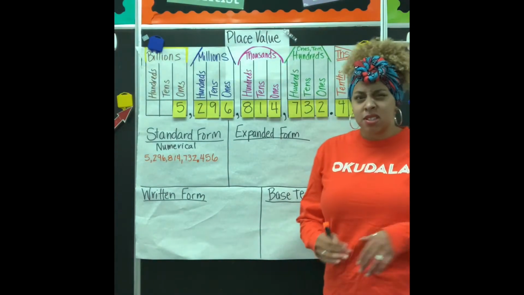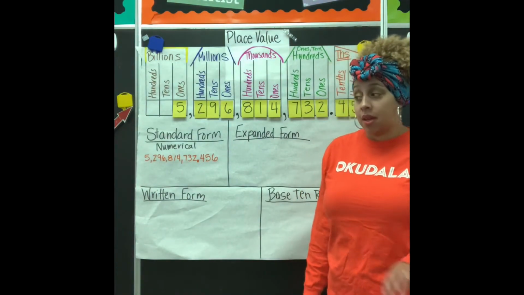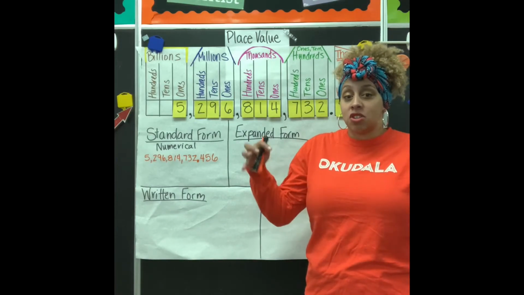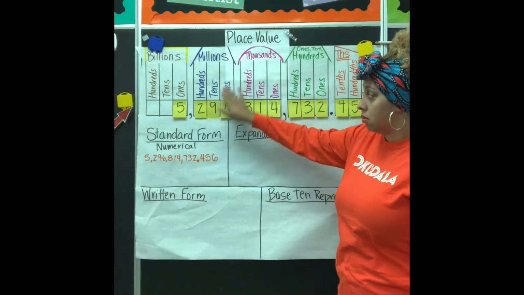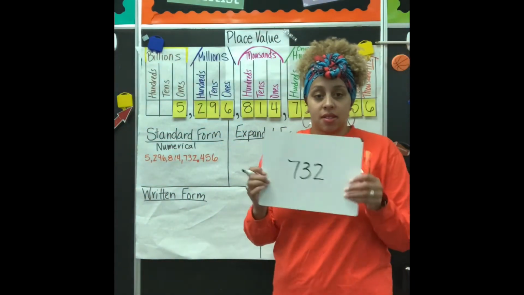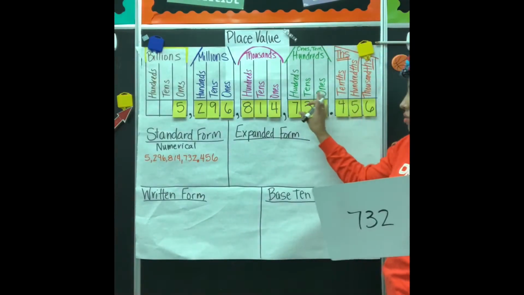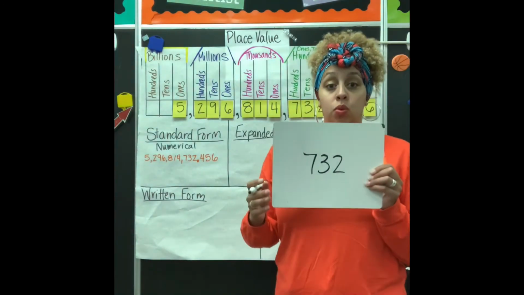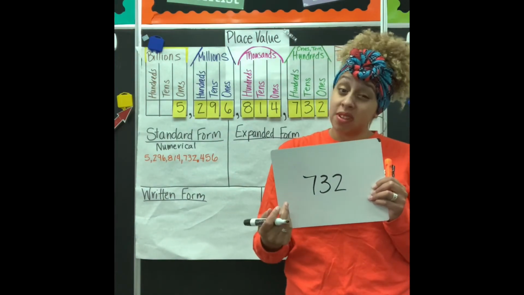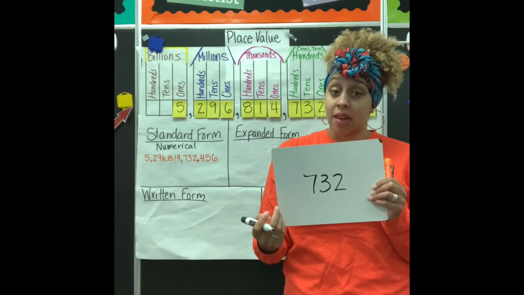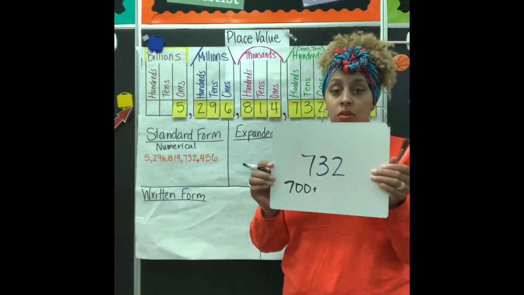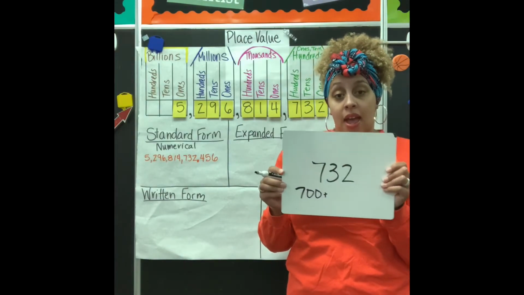Over here, expanded form. You guys have been practicing expanded form for a really, really long time. That means that you take the number and you are separating each individual place value. So if you just had 732, just this hundreds part of it, when you expand it, you take out the 7. Well, how much is the 7 worth? Is it worth 7? No, it's worth 700. So you would write 700 plus, and then you would take out the 3.